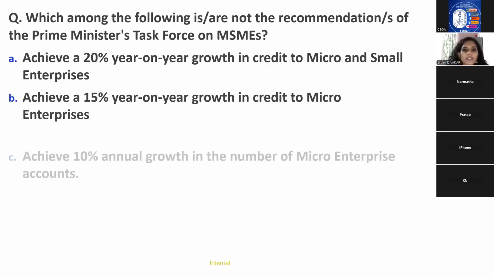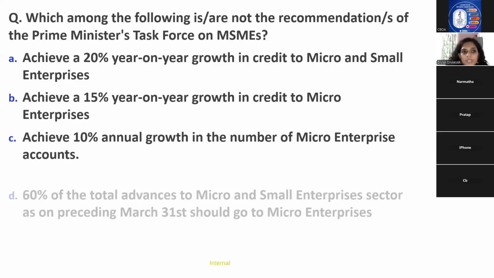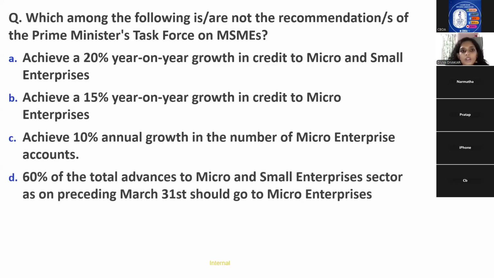So we are all aware that there is the Prime Minister's Task Force on MSMEs. Okay, can you people answer which among the following is or are not the recommendation of the Prime Minister's Task Force on MSME? Option A is achieve a 20% year-on-year growth in credit to micro and small enterprises.